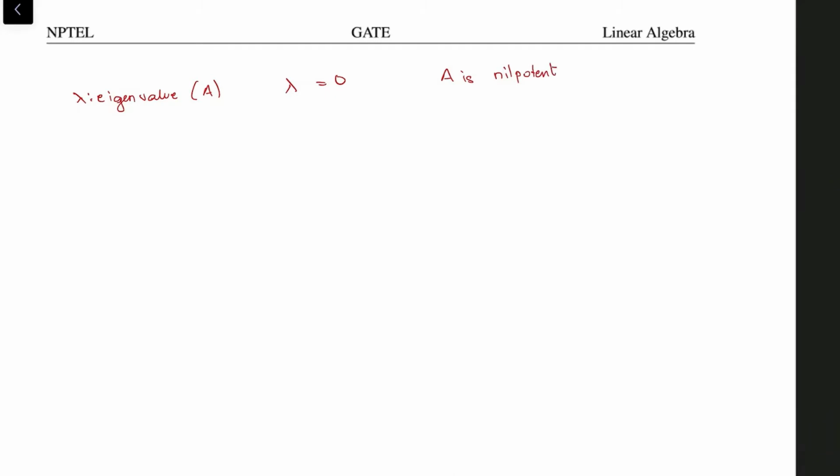The reason for this is that A can be broken down into the following Jordan form: T J T inverse, where J is lambda 1, lambda 2, and so on till lambda 10, since it's a 10 cross 10 matrix, with potentially non-zero entries above it. This is the Jordan decomposition of A.